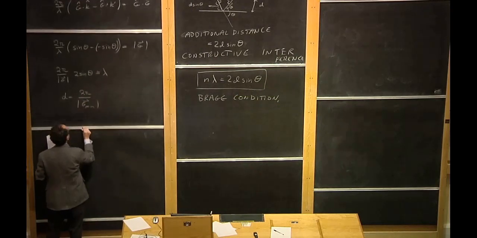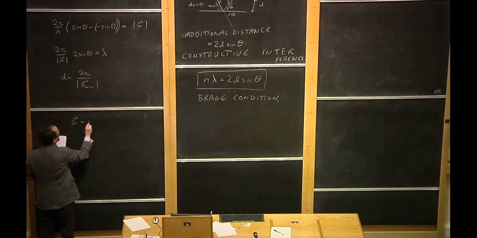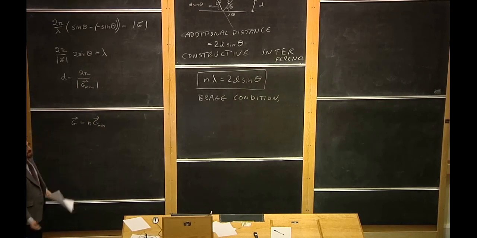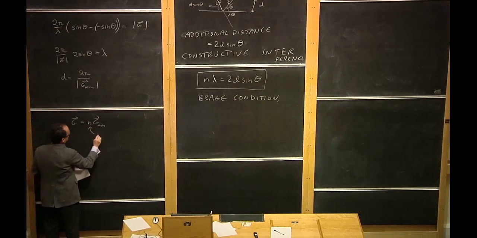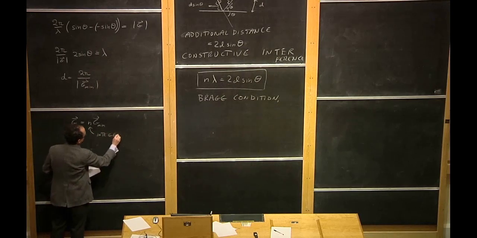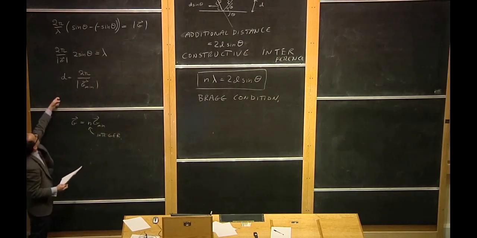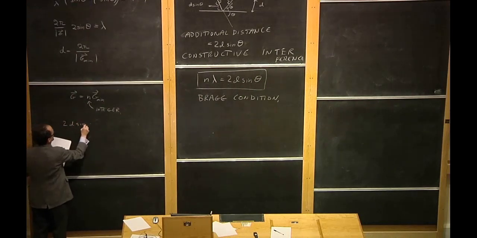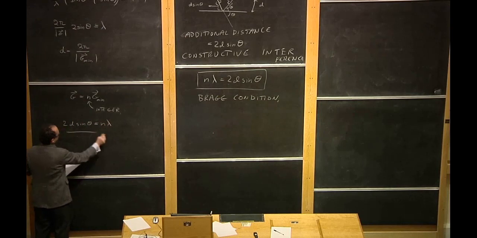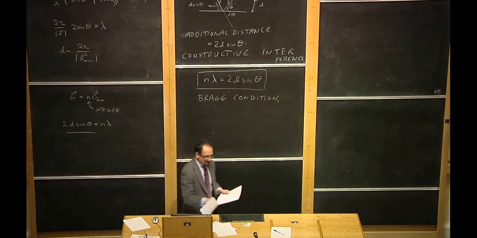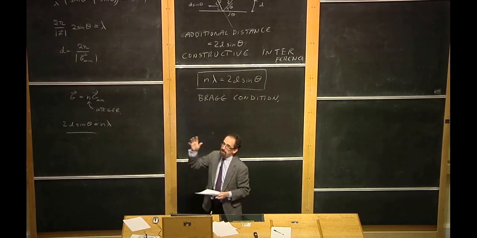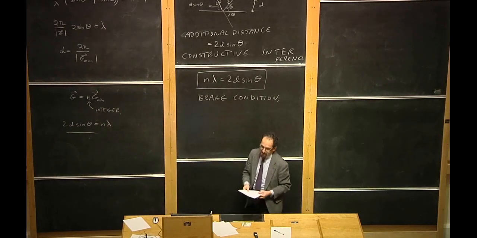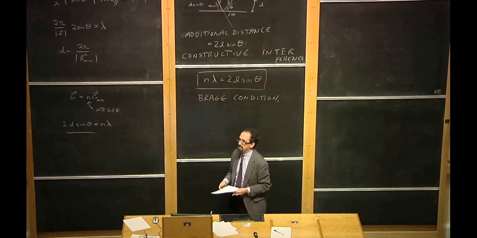So any reciprocal lattice vector, G vector, has to be some integer times the minimum lattice vector in that given direction, where n is some integer. So substituting this equation and this equation into the equation just above gives us 2d sine theta equals n lambda, the Bragg condition. So what we've shown is that the Laue condition, this conservation of crystal momentum, is the same thing as requiring constructive interference or having the Bragg condition satisfied.